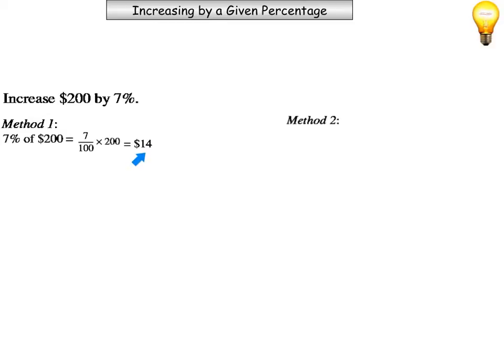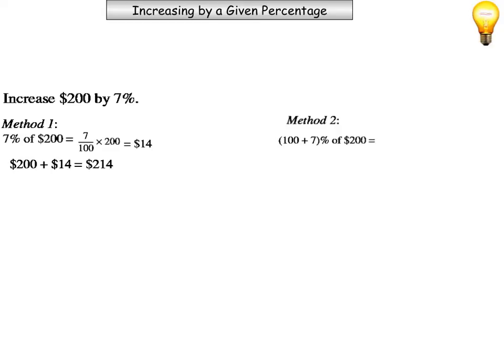So we found 7% of the original, and so of course to increase the amount we've got to add that to our original amount. So we've got $14, which is the 7%, but we need to find out what 107% is. So to do that, we just need to add our 100%, which is the 200, and add the $14, which is the 7% we've found, which gives us $214. And so that's the first way that we can do it.